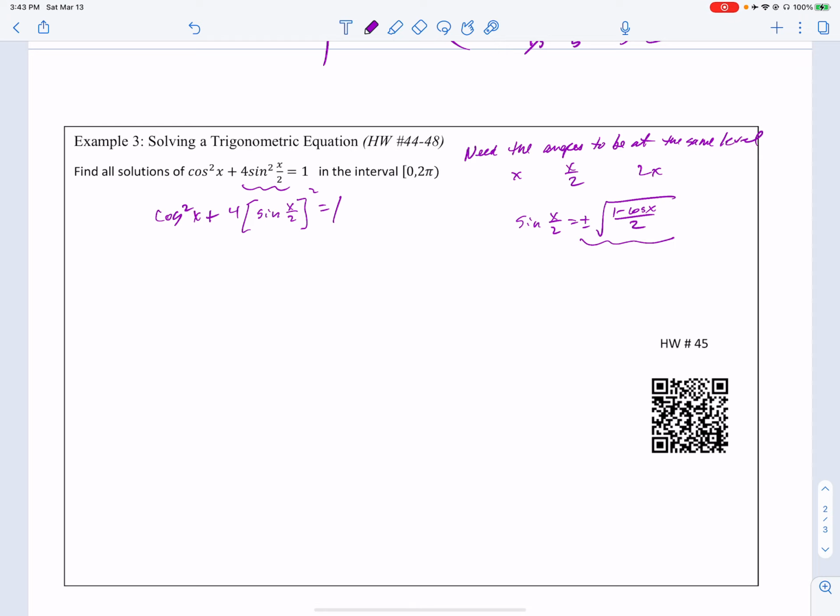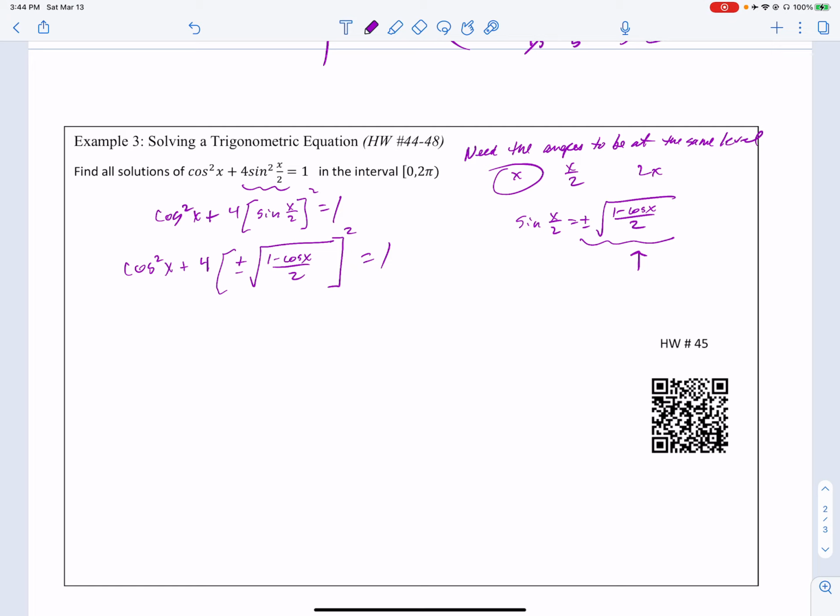So I am going to substitute this in because this right-hand side is in terms of x, and I'm going to be able to get everything in terms of x that way. So I've got 4, and I have this plus or minus. Make sure that square root goes over all of it. And that quantity is going to be squared equal to 1.